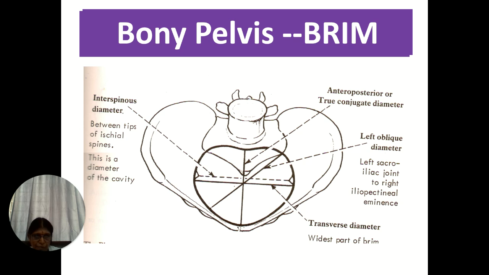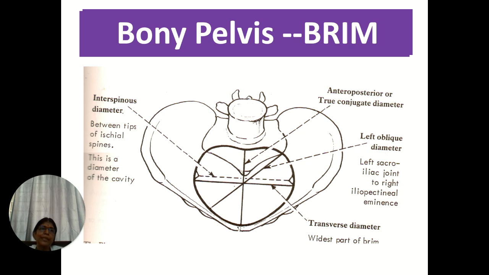This is around 55 degrees. The complementary angle to this is between the plane of the inlet and the last lumbar vertebra, which is around 135 degrees. This is 55 and that is 135 degrees.